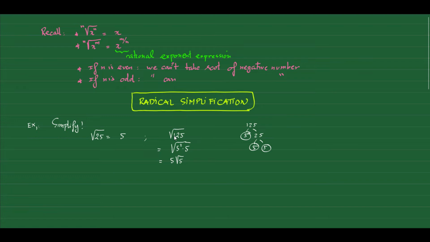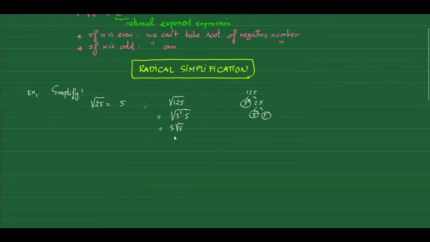Now what if I want to do the third root of negative 81? This is an odd index, so we can take the root of a negative number.